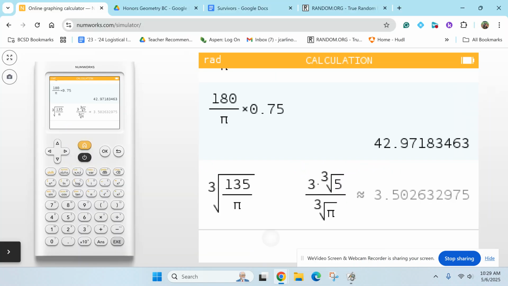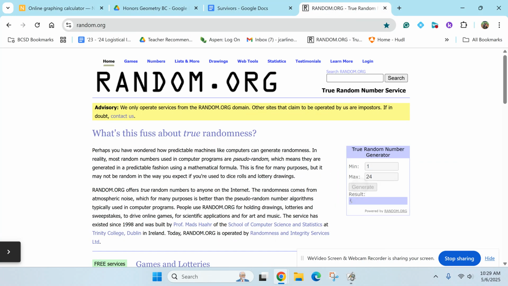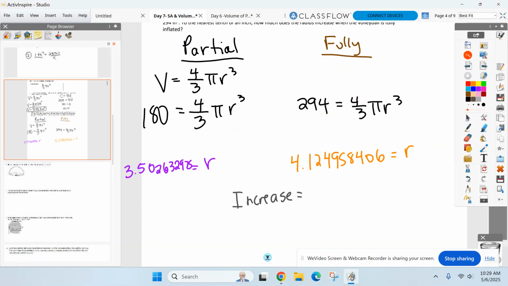And nearest, when you have it, take your time. Not in that much of a rush here. When you have it there, Kira, to the nearest tenth, the increase in the radius. It's not much of an increase, but you can still round it to the nearest tenth.